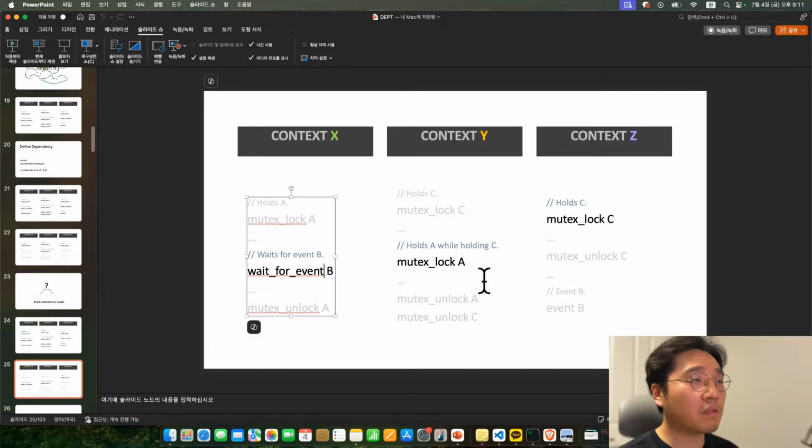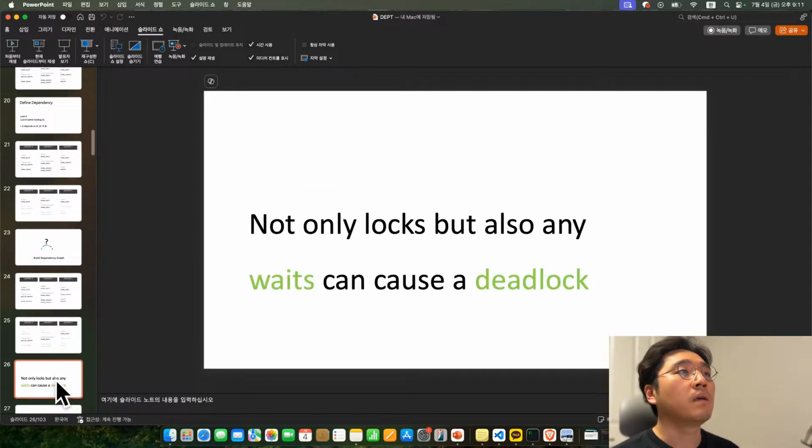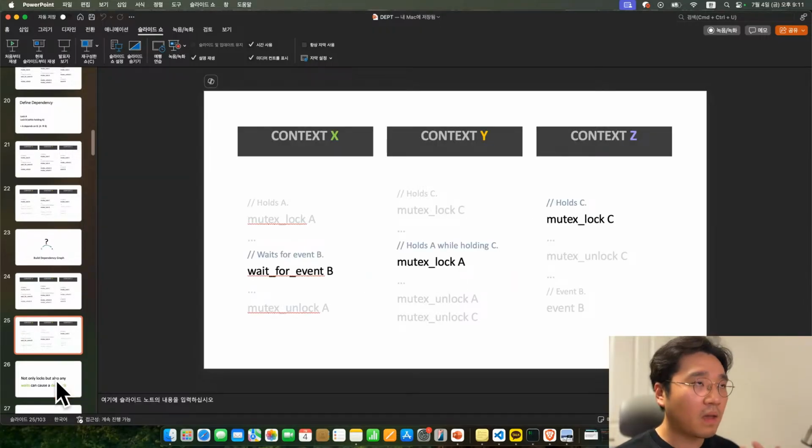So context X never ends waiting at this point, right? Wait can cause a deadlock, right? And I will keep remembering this for folks.